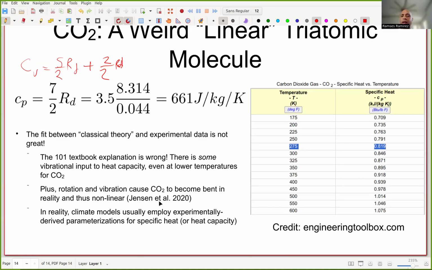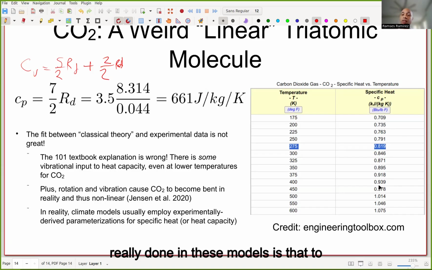But in reality, when you're trying to use these heat capacity values, like I care a lot about them in my own climate models, we don't use these simple room temperature parameterizations. We use our own parameterizations based off of experimental data.